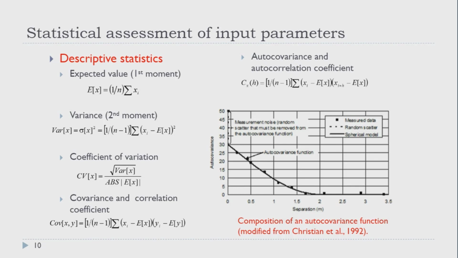Basically, we can evaluate our parameters, obtain mean values, variance, coefficients of variation, correlation coefficients between the multiple variables involved, and we can even evaluate spatial variability using the autocorrelation coefficient. For that, we require measurements, and measurements require time, and of course they require resources. So that's our first option. As I said, it's obviously not the simplest one, but we have other options.